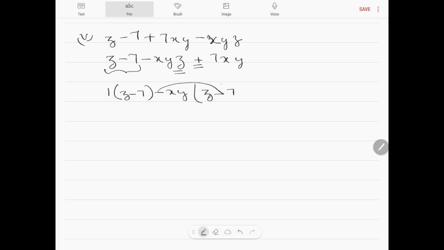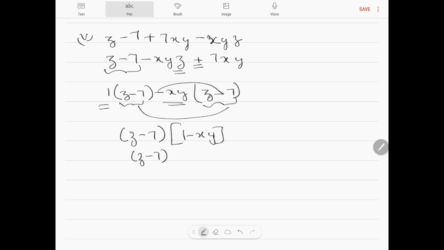So z minus 7, because xy is in common. Now this term z minus 7 is common, so taking it outside, the remaining will be 1 minus xy. So z minus 7 into 1 minus xy is the answer.